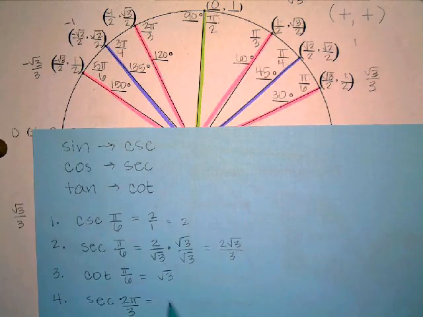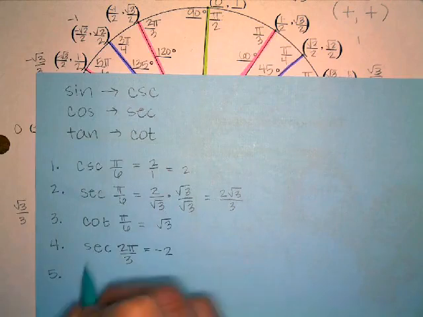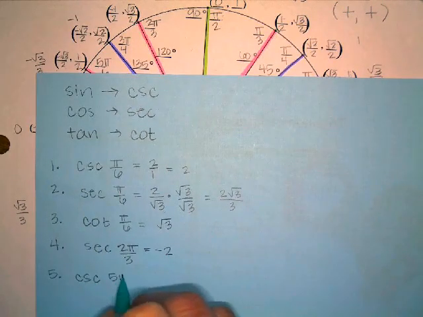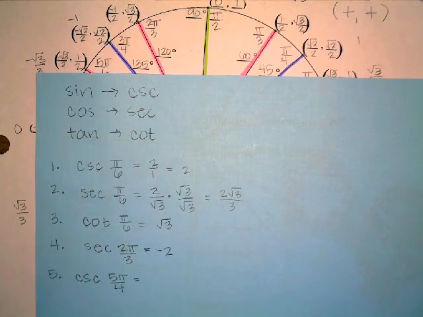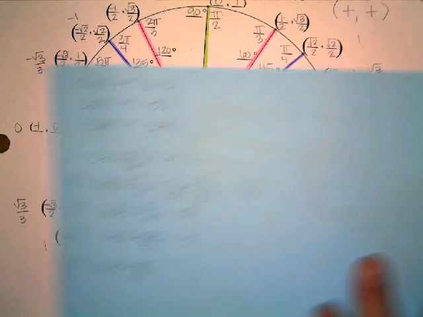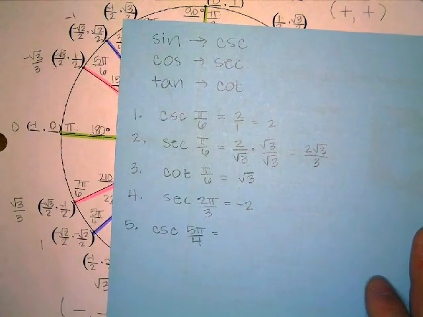Let's try another one. Let's say I was doing cosecant of 5 pi fourths. For cosecant of 5 pi fourths, I would find 5 pi fourths. Which coordinate do I look at? The y coordinate.